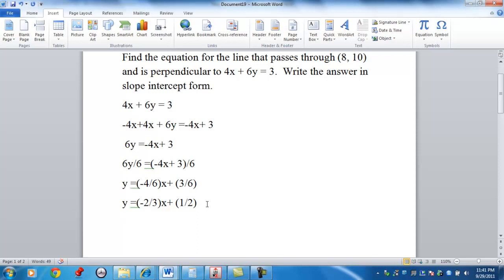Okay, we have taken the equation and we have solved for y. So we can say that the slope is going to be negative 2/3. The slope is the number in front of the x. Next, we need to find the perpendicular slope.